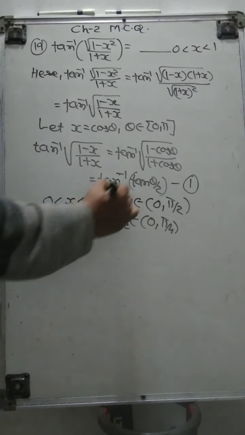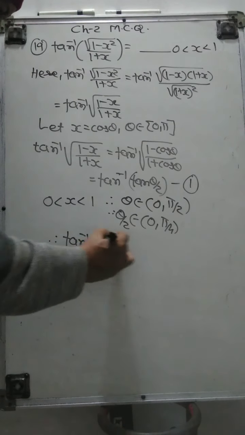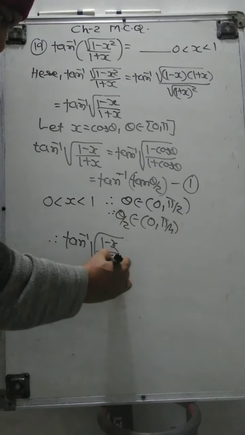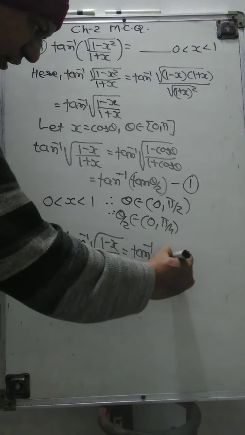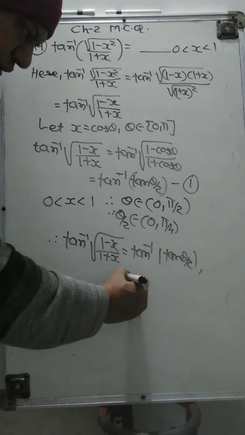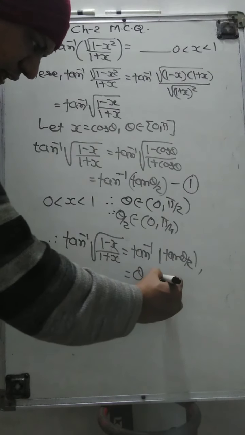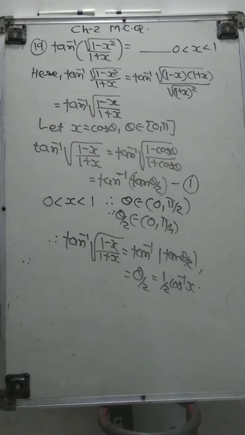Therefore tan inverse root of 1 minus x upon 1 plus x is equal to tan inverse mod tan theta by 2, and this is greater than zero, therefore only theta by 2 is there, and 1 by 2 cos inverse x is the answer. Okay. Then we go for the next one.